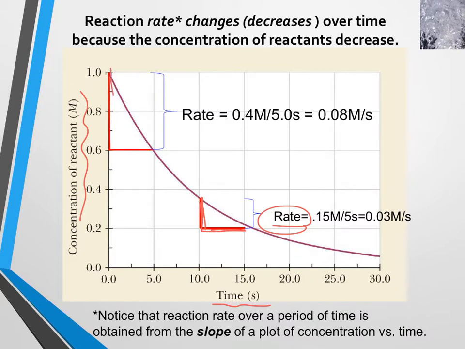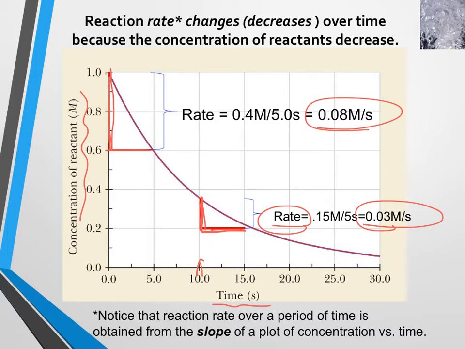So the rate in the beginning of a reaction is always quite a bit larger, in this case 0.08 molarity per second, versus, say, 10 minutes into this reaction, the rate or the slope decreases to less than half of that, 0.03. Which rate do we use?